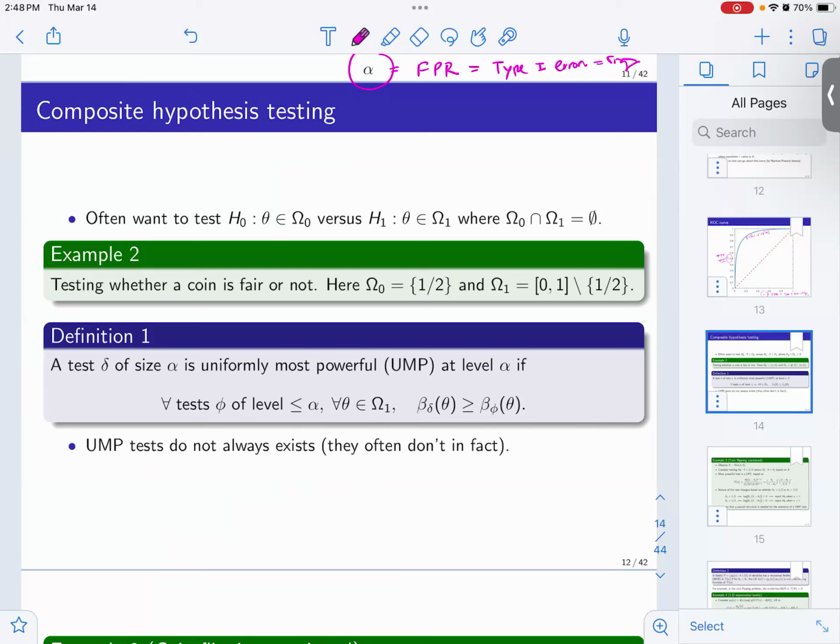So if you have a hypothesis omega naught versus omega 1, for example, let's say I have a coin and I want to test whether it's fair or not.